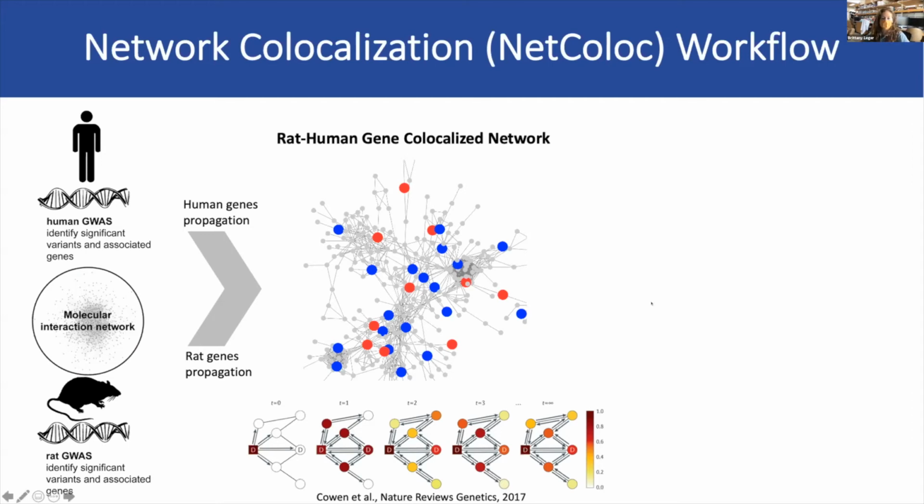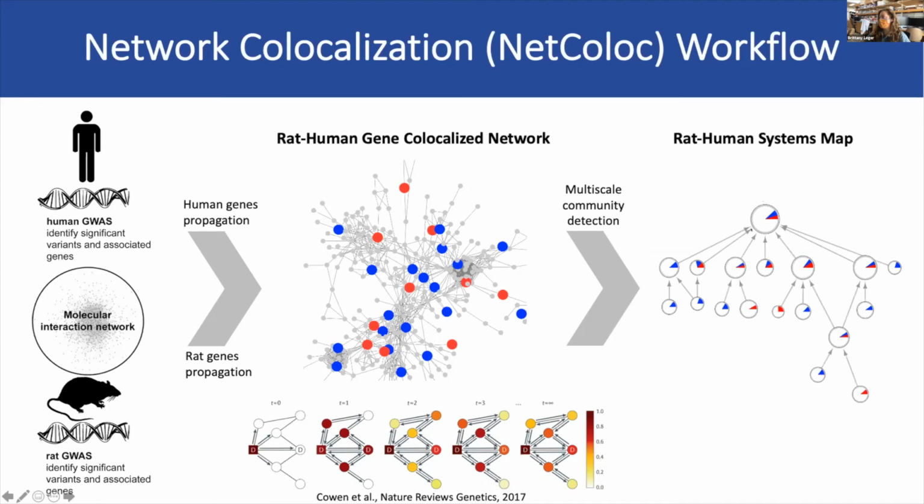One way we can do that is with functional and gene enrichment. You can do a multi-scale community detection, which basically we do using the HiDeF algorithm, which algorithmically makes a hierarchically structured system from our network. And so we get larger networks with smaller associated gene networks inside of them.